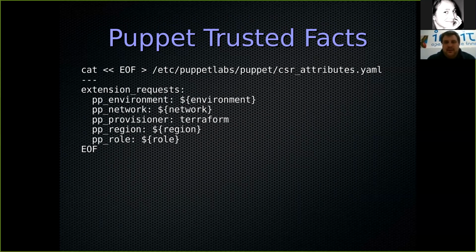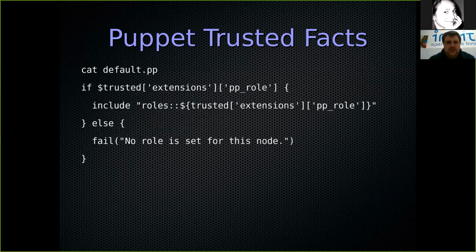By providing a certain file, we can sign additional information into the certificate, which later on is usable in Puppet as trusted facts. In this case, I'm signing my environment into the certificate, and the role and the network and a couple of additional pieces of information that we might use later on.